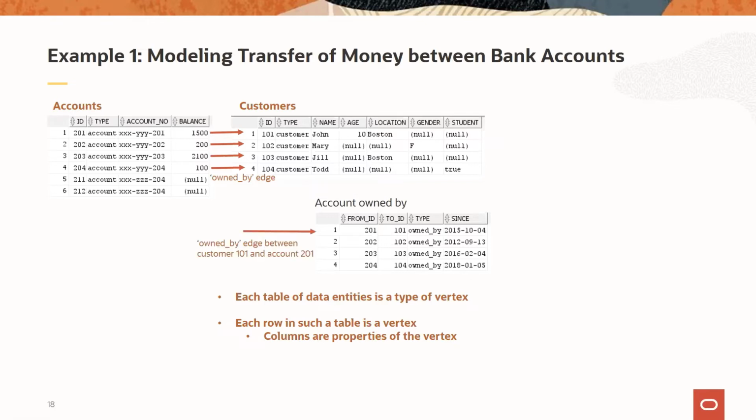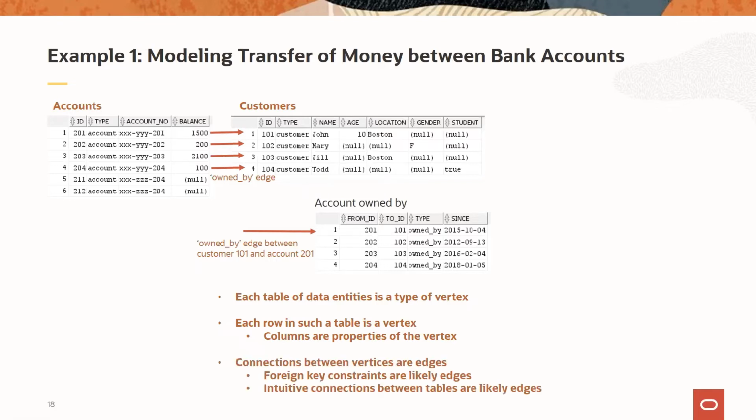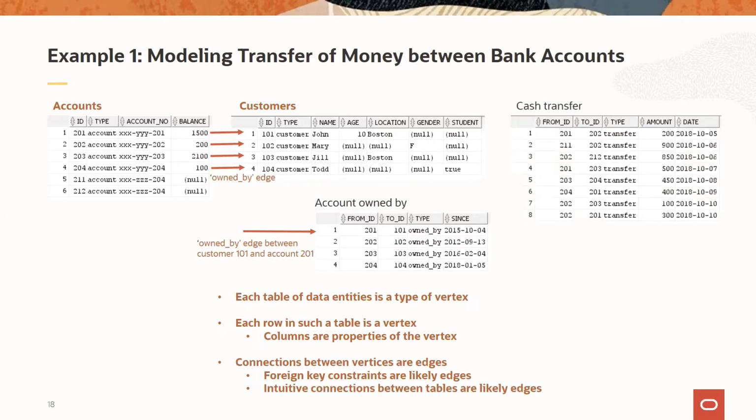So typically, you can create edges like this. You can identify that these are edges, or you can just default to using the foreign key constraints to say that these are the relationships between my vertices, and this is what forms an edge in a graph. Looking at some other edges, let's say we had this additional cash transfer table where you're transferring money between different accounts.